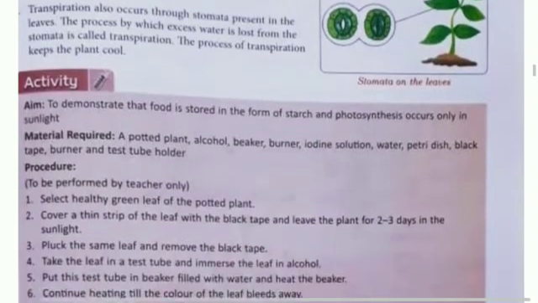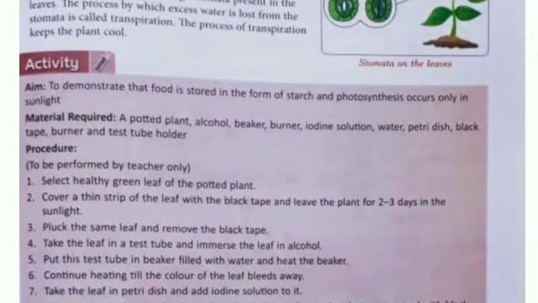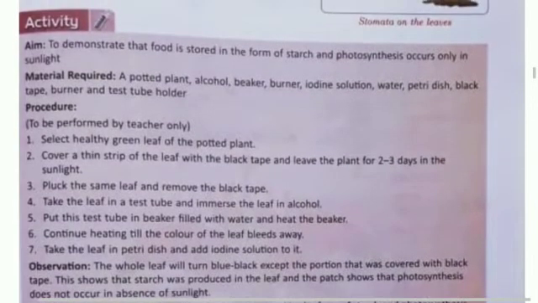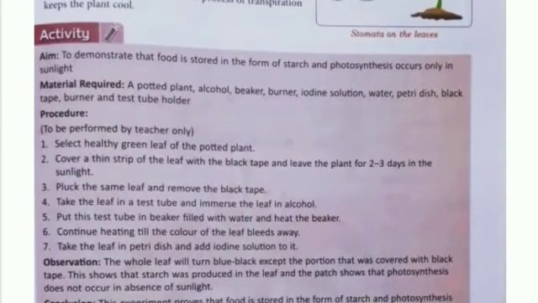Now there is an activity to demonstrate that food is stored in the form of starch and that photosynthesis occurs only in sunlight. Okay. What are the materials required? A potted plant, alcohol, beaker, burner, meaning gas, iodine solution.